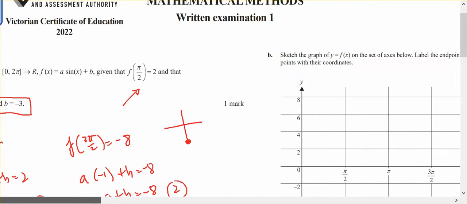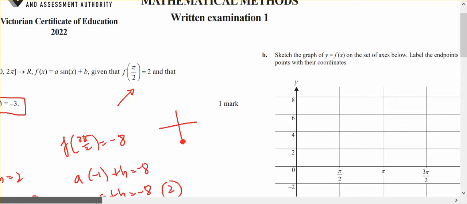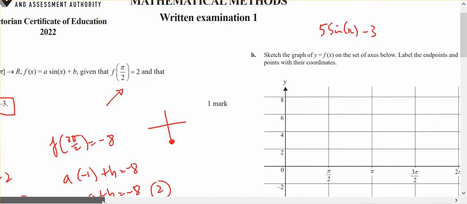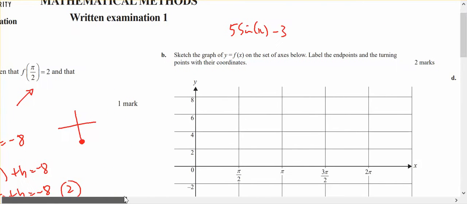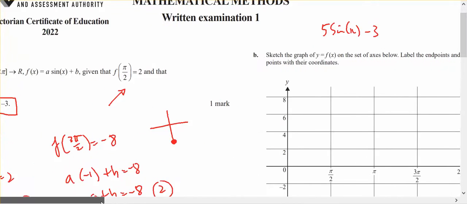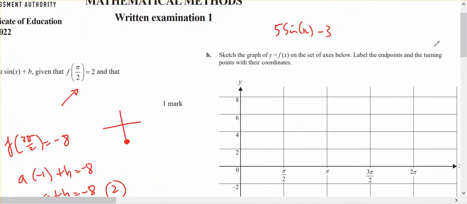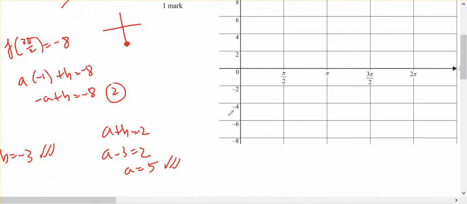Now for the second part, I've got a equals 5, so I've got 5 sine of x minus 3. And the period of that is 2 pi, so I need to draw f of x, and f of x has this restricted domain. So I'm going to have a guiding line at negative 3, which will be my median.